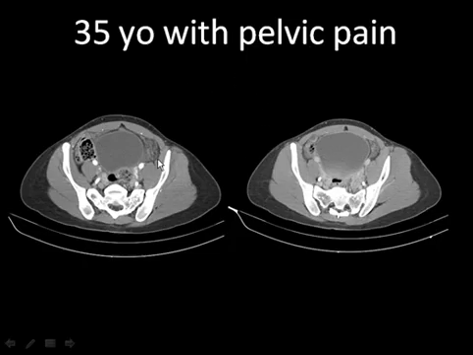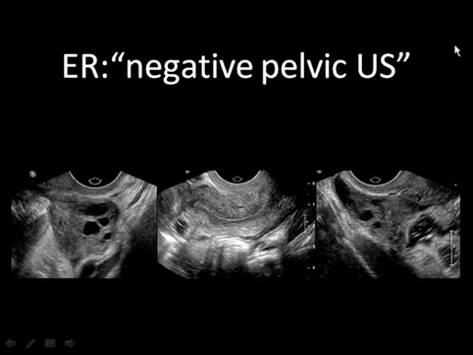The CT was read as stranding or inflammatory changes on each side of and in front of the bladder, but no other findings to explain pelvic pain. A transvaginal ultrasound was performed, which was originally read as negative.